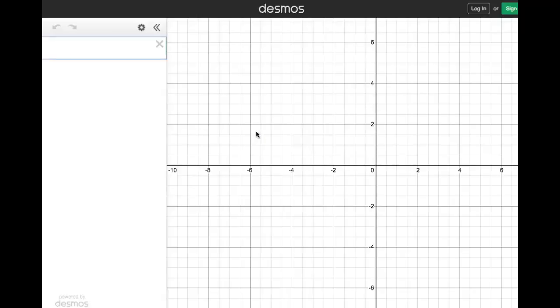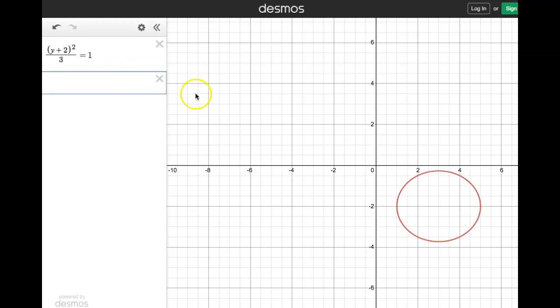Let's just verify this in Desmos. There we go.